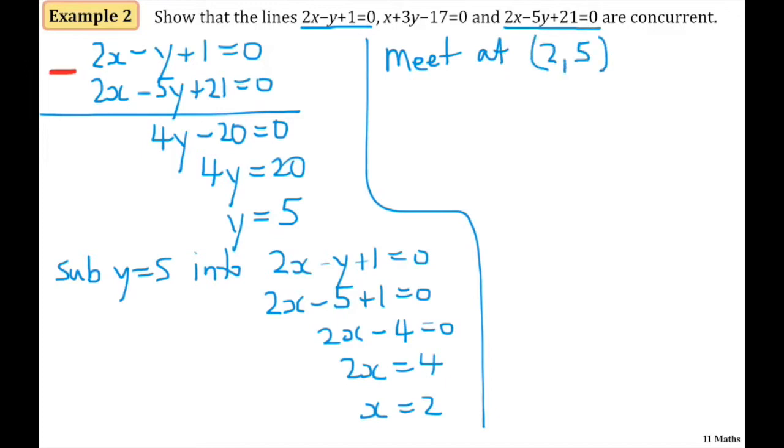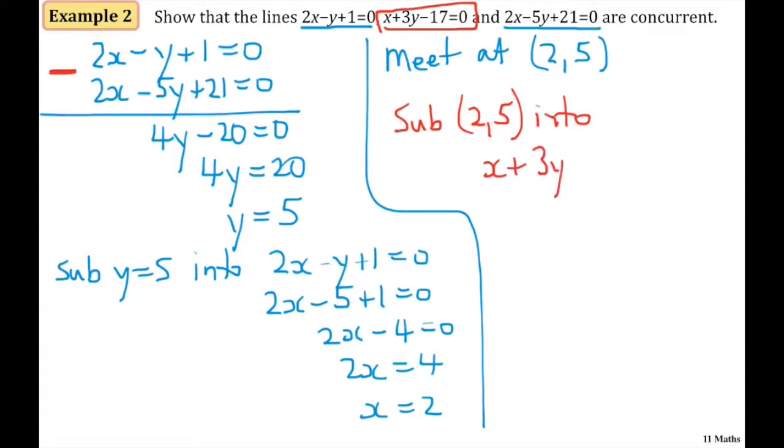Now obviously I need to consider our third line now, the one that I didn't use, and when I look at the third line I need to find out whether or not the point 2, 5 lies on that third line. So sub 2, 5. So I'm actually substituting in a point into x plus 3y minus 17 equals 0.